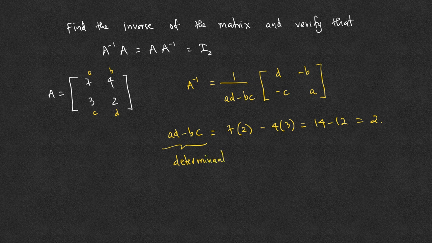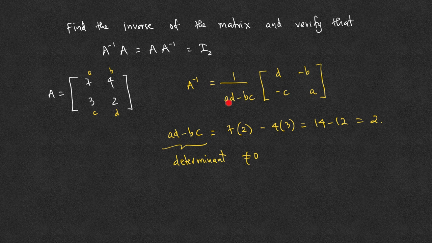And if the determinant is non-zero, in this case it is 2, then the 2 by 2 matrix A is invertible, meaning it has an inverse. It makes sense because if the determinant is 0, then we would divide by 0, which would make this expression undefined.